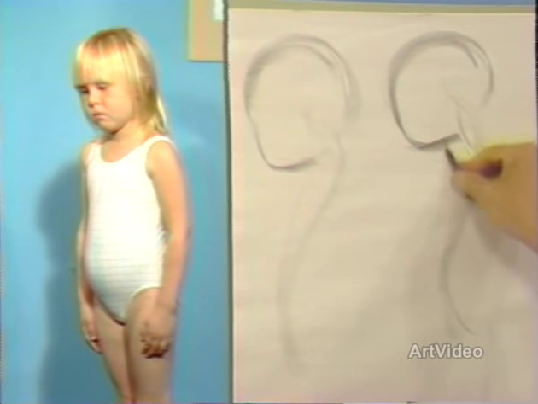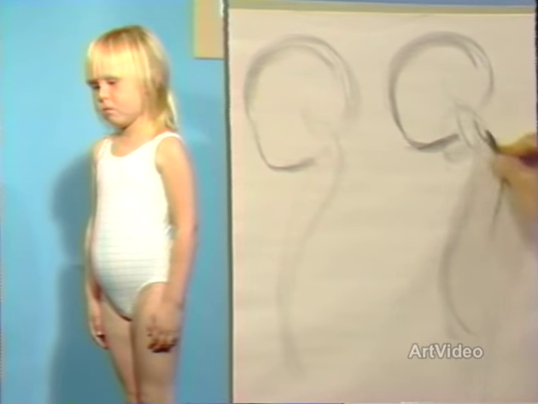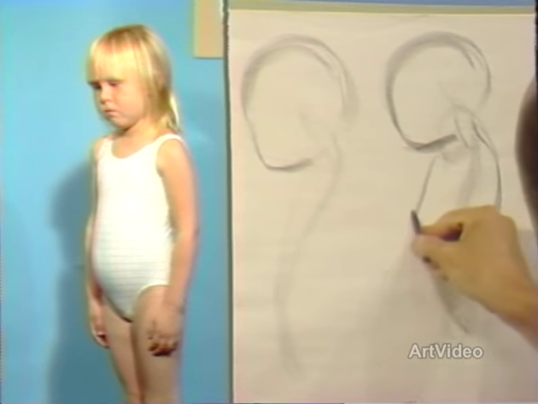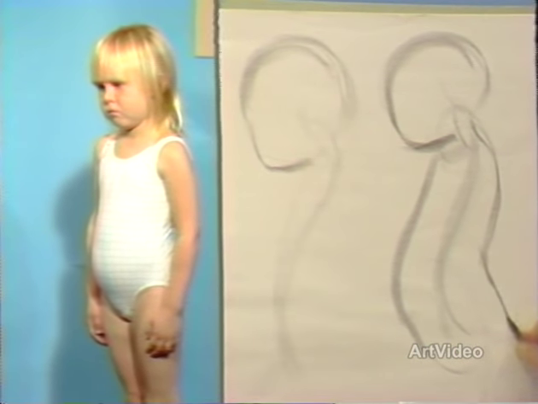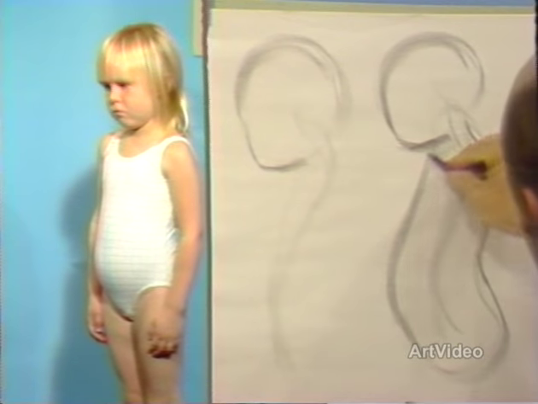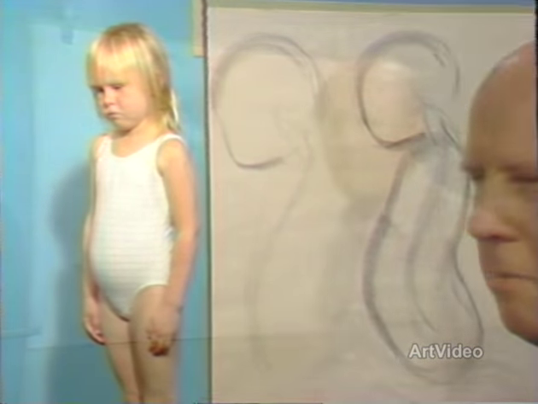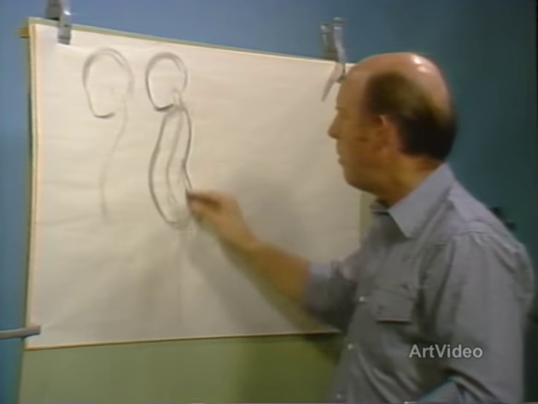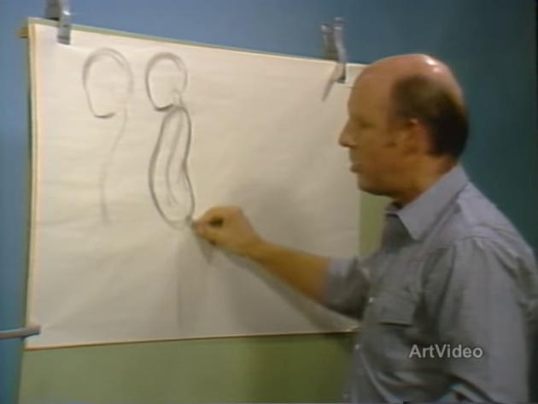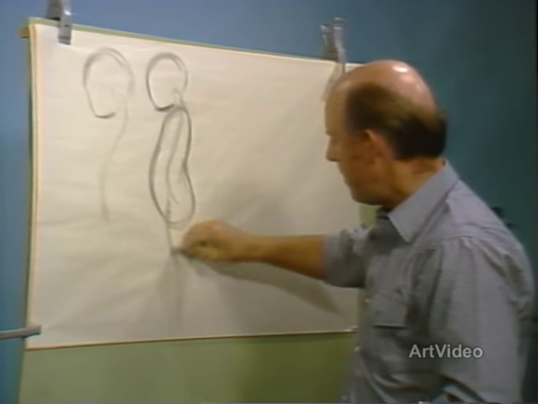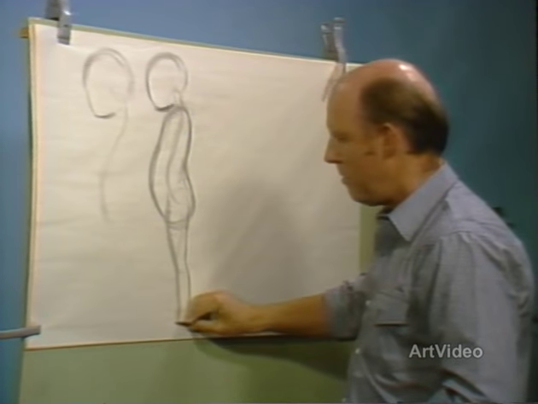The rib cage and the whole torso, we try to see essentially as a very, very simplified form to begin with. In fact, we use a cliche a lot of times, talking about the basic beanism, where we see a very simple bean shape. And then the legs are very simple, straight forms coming down.